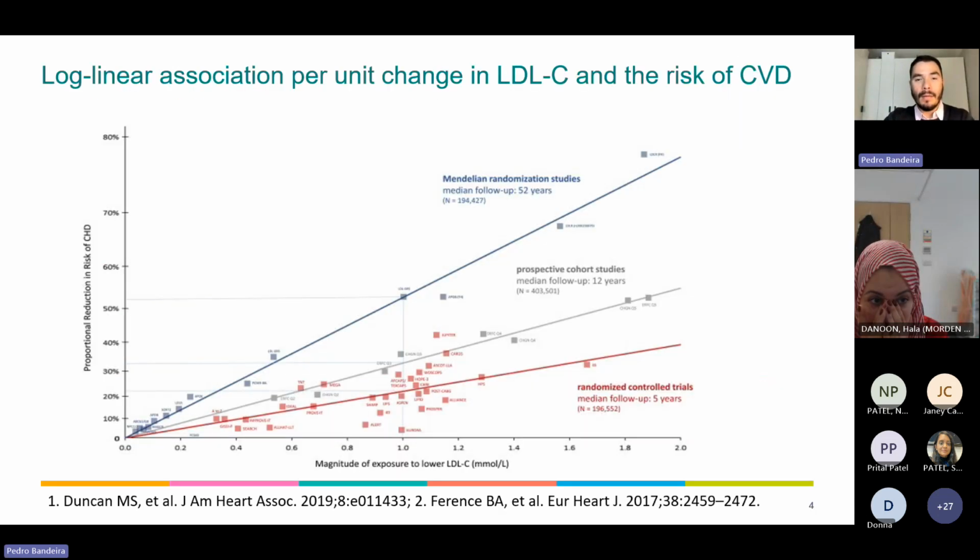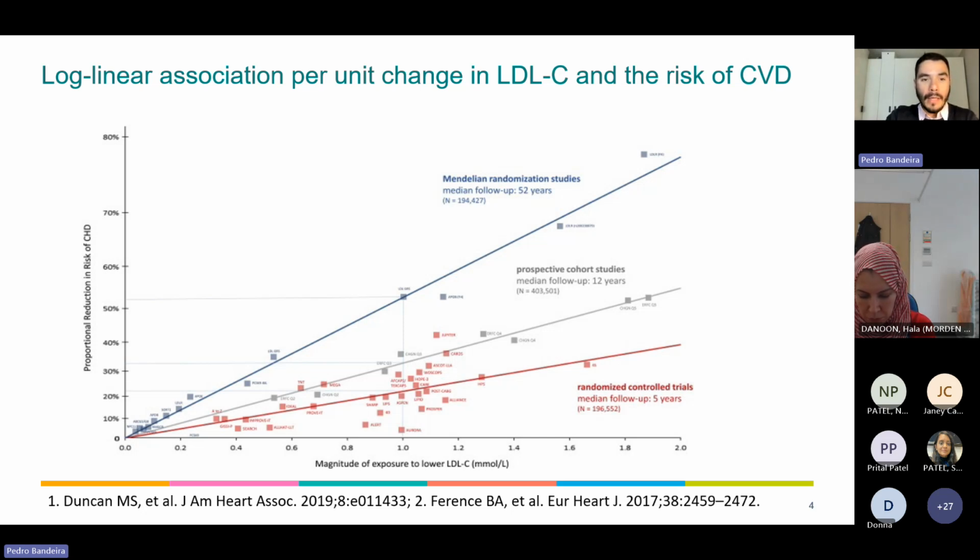And this graph is just a summary of several clinical trials and Mendelian randomization studies showing the correlation between LDL and cardiovascular risk. You can see that the lower the LDL levels, the lower the risk for cardiovascular diseases.